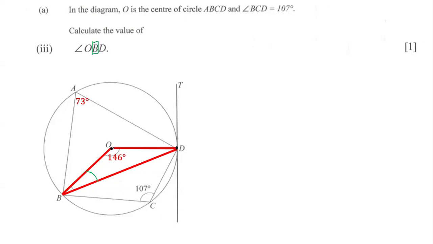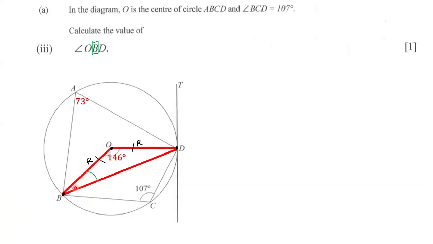If you have a line segment that runs from the center of the circle to the circumference, then that line segment would be the radius. And again, we have a line segment that runs from the center of the circle all the way to the circumference of the circle, so that would also be the radius. Both of these are the radius, so this side and this side must be equal.